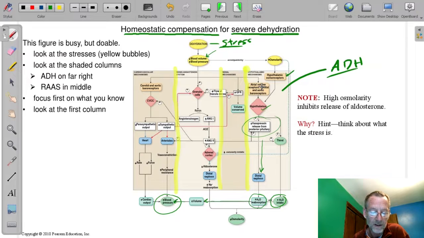What are we doing over here? We have a drop, again, back to the stress at the top. We have a drop in blood volume, drop in blood pressure, and we have carotid and aortic baroreceptors. Well, we've talked about those. This should start to look familiar.